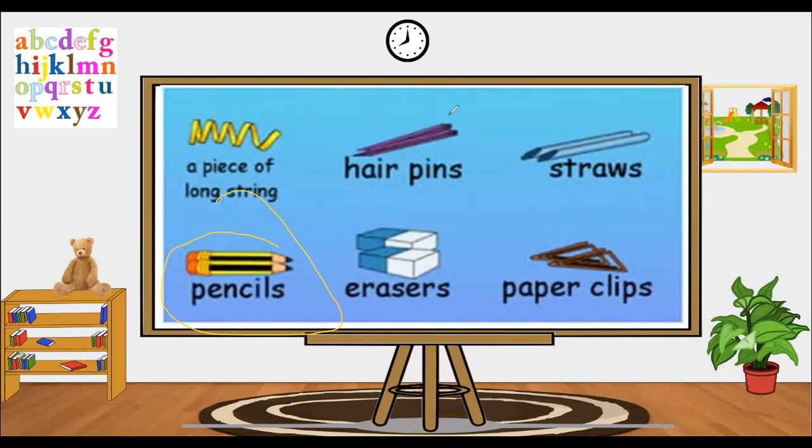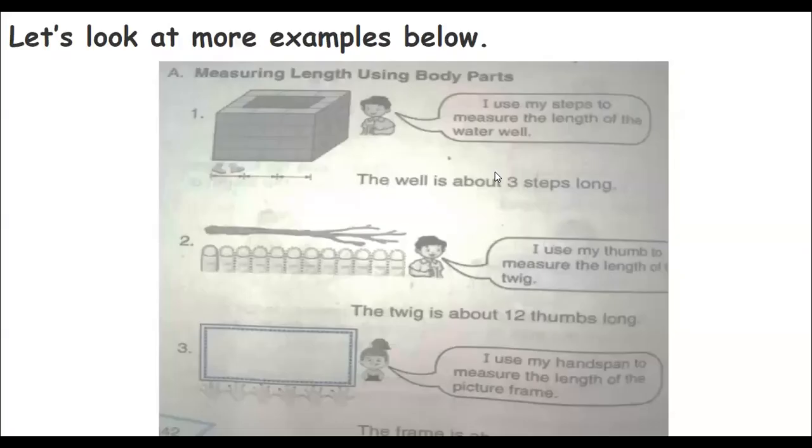Okay, so how about this one? Look at more examples below. Okay, so you can see there in your book. Okay, so here, measuring the length using the body parts. So I use my steps to measure the length of the water well. So you use your steps. Okay, how many steps is the length of the water well?